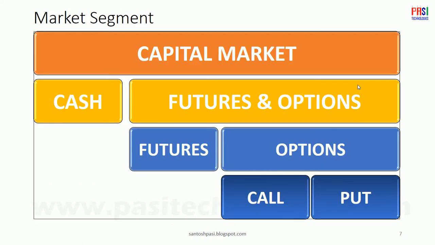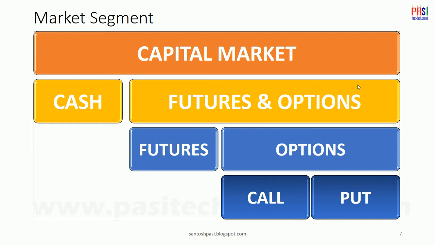Now if you go to any trading market, your secondary market here, we have different components like cash, futures and options. Normally futures and options we call a derivative market, and cash a secondary market.